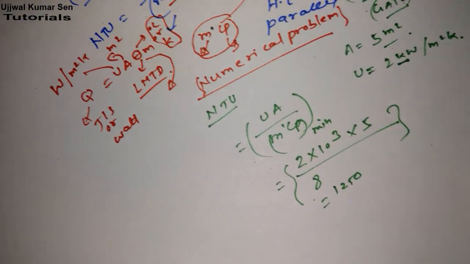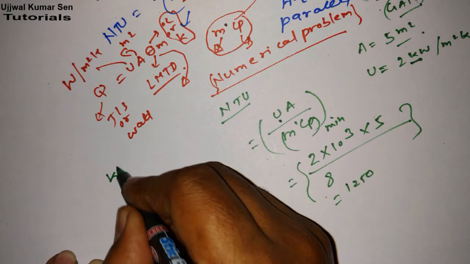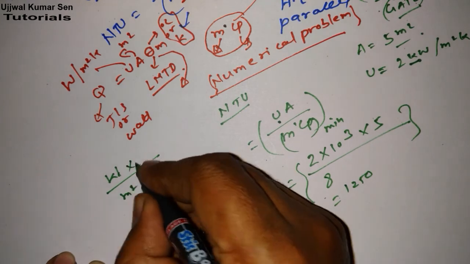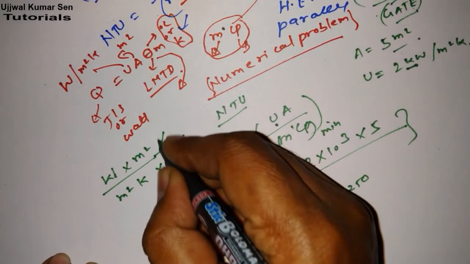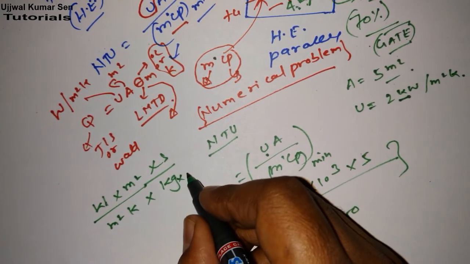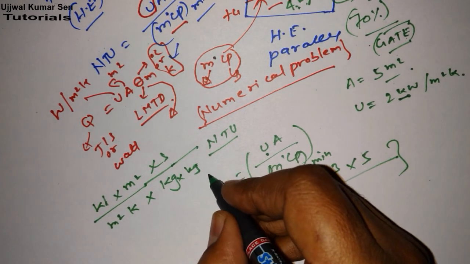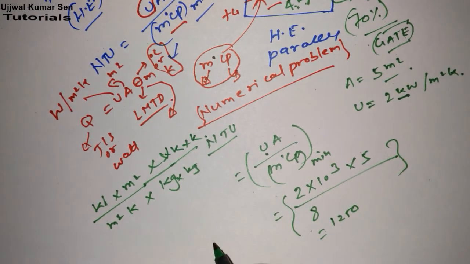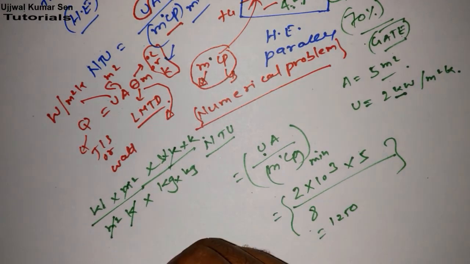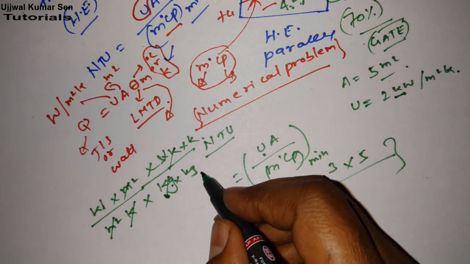You know the unit of U, which I have already shared with you: watt per meter square Kelvin, area is meter square, mass is kg per second, and CP is in kilojoule per kg Kelvin. Now meter square cancels, Kelvin cancels, and kg cancels.